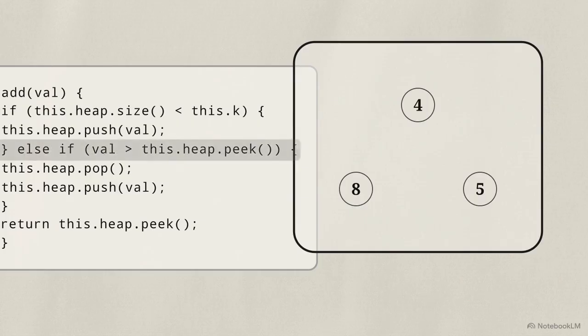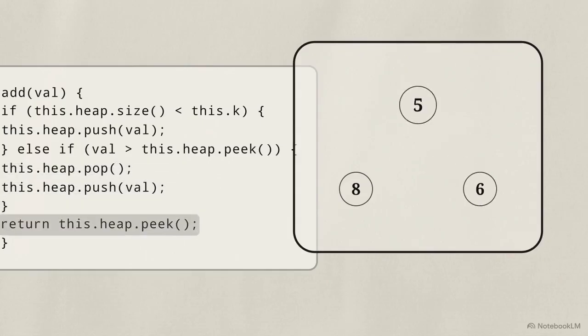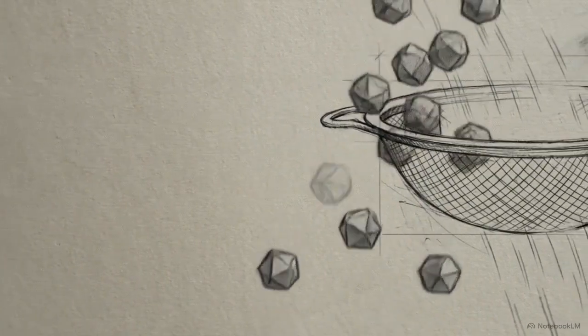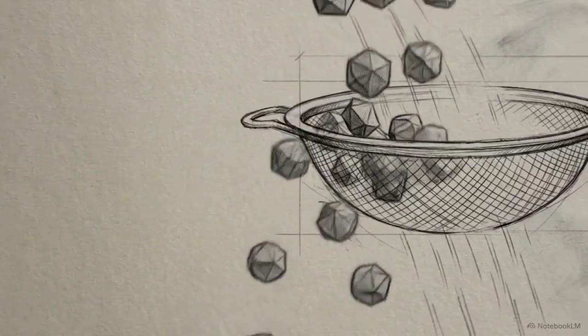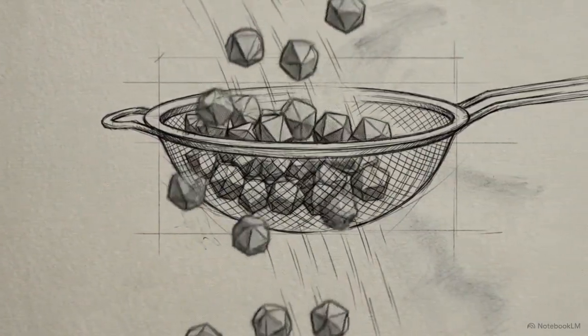Phase 2 evaluates each subsequent element against the root threshold. An incoming value is checked via the peek method. If smaller, it fails and bounces off. If larger, it triggers a pop, discarding the outdated root, and a push, inserting the new value. The class acts as an algorithmic sieve. It instantaneously sheds irrelevant data and devotes processing cycles strictly to elite values.